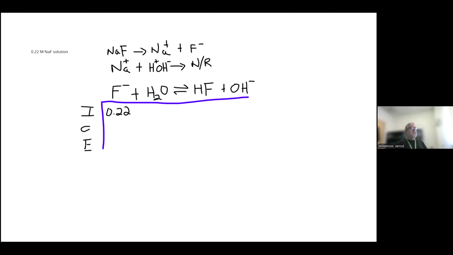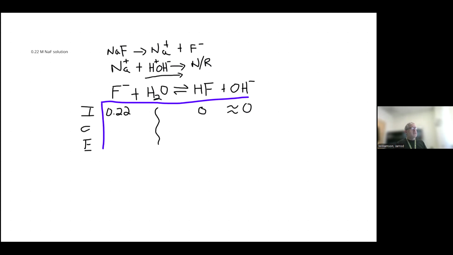This was initially 0 molarity. And this is initially 1.0 times 10 to the minus 7 molarity. We're going to call that approximately 0. Since we had no hydrofluoric acid to start with, the reaction is going to have to shift this way to start with in order to go to equilibrium.